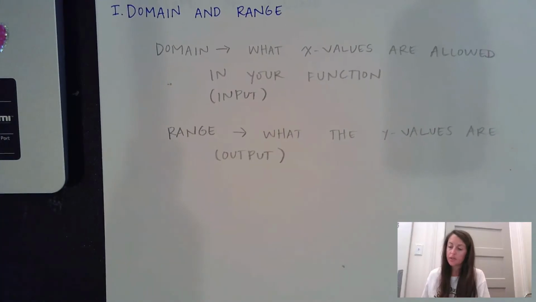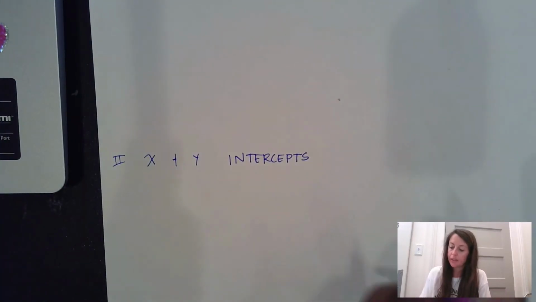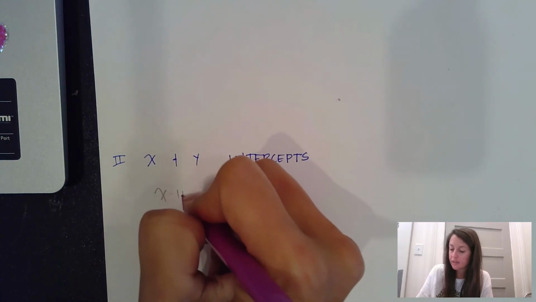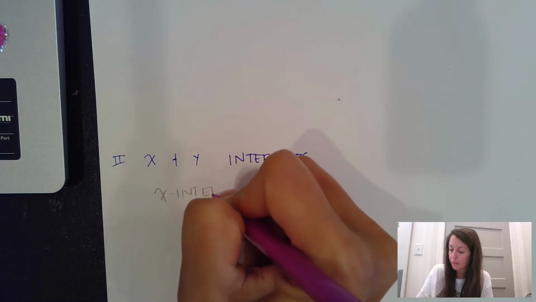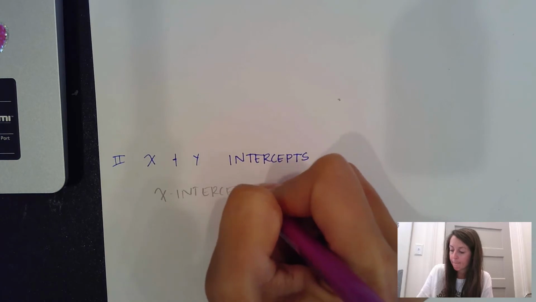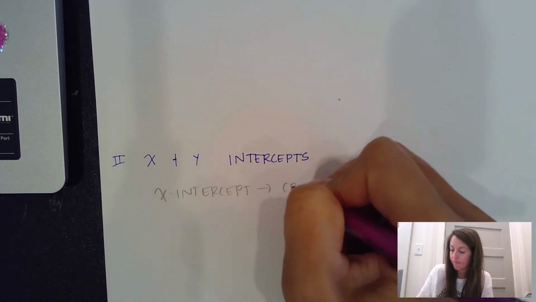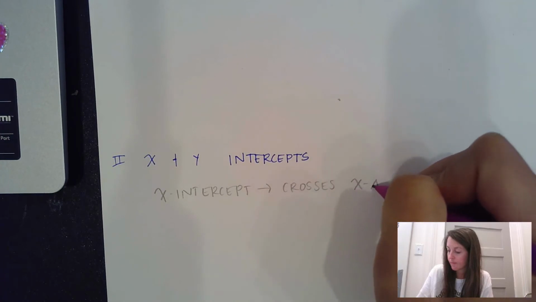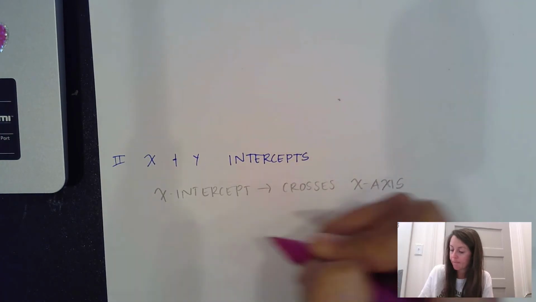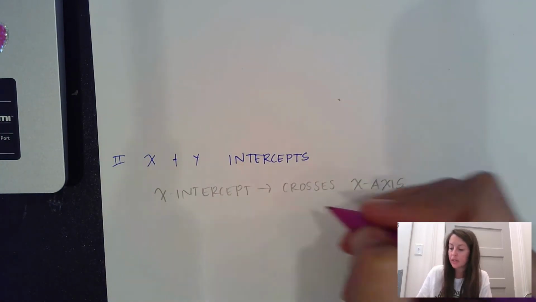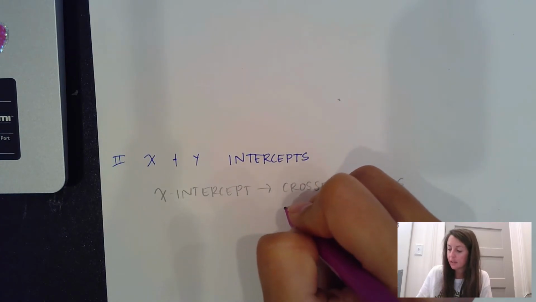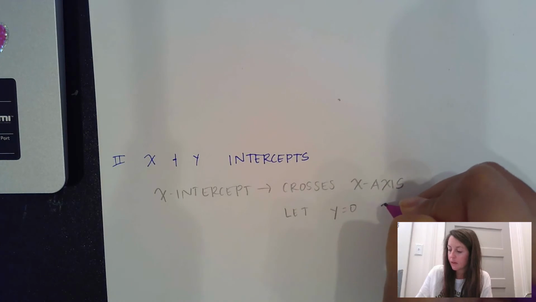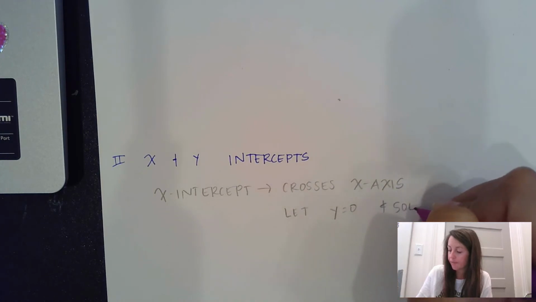X and y intercepts. To find your x and y intercepts: the x-intercept is where it crosses the x-axis. And when it crosses the x-axis, that means let y equal 0 and solve for x.